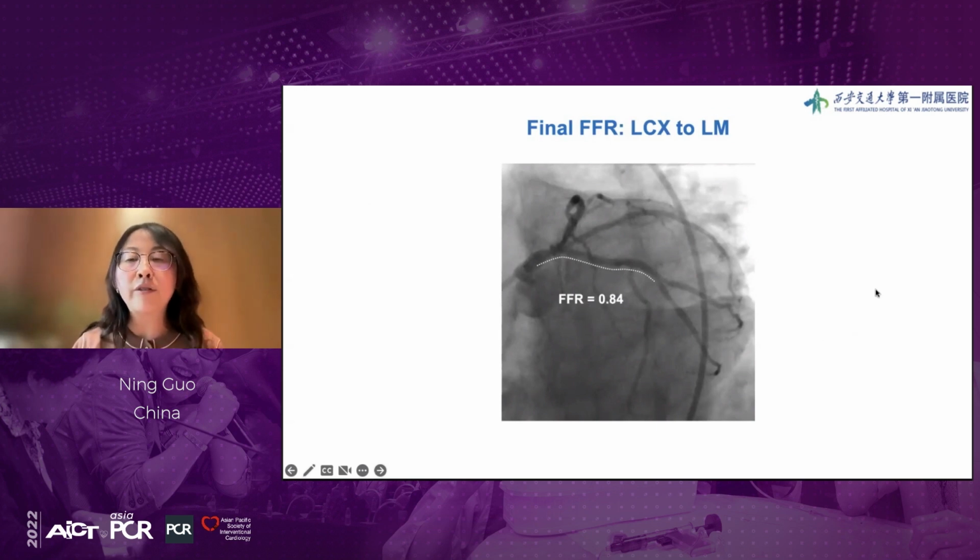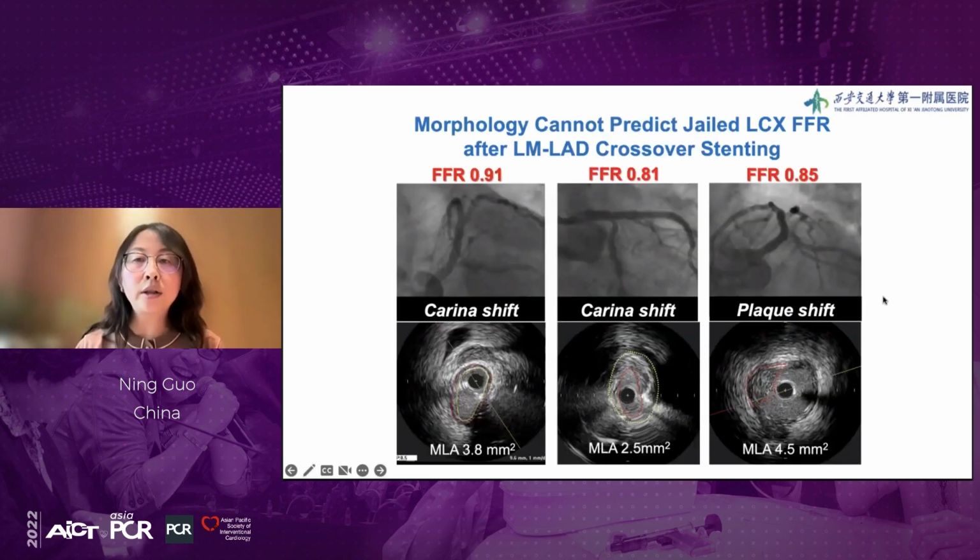So this left main was deferred. And also for the distal left main bifurcation lesion, morphology, no matter angio or IVUS, cannot predict jailed circ FFR after left main to LAD crossover stenting.